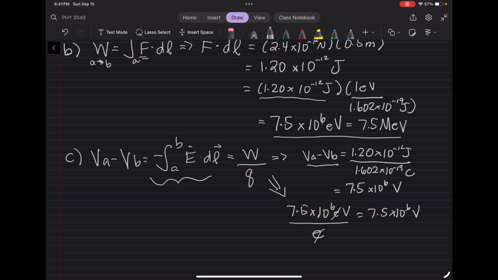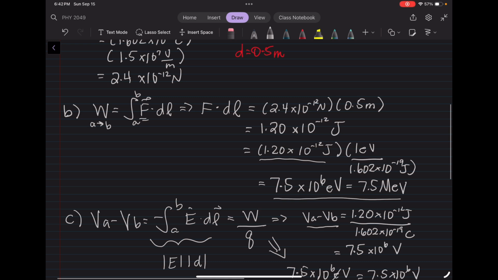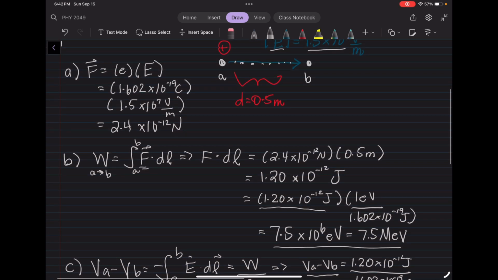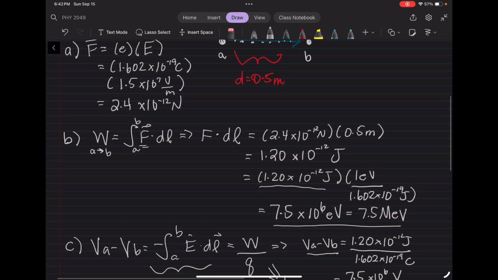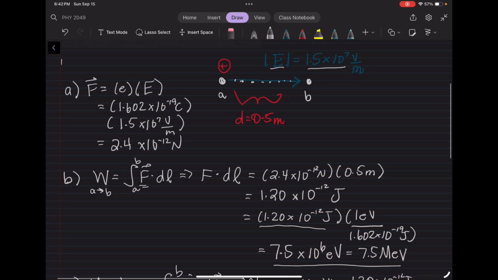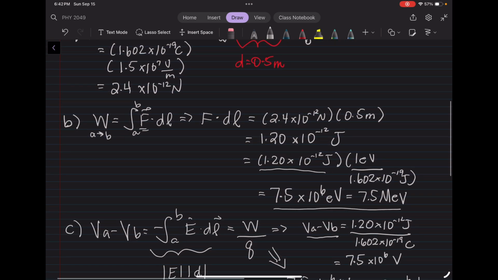And so now let's look at this. Well, this integral here, the integral goes away because E is constant anyway, right? We're just left with electric field times a distance. Magnitude of electric field times that distance. And sure enough, that's what we did up here, to find, where did we do that?